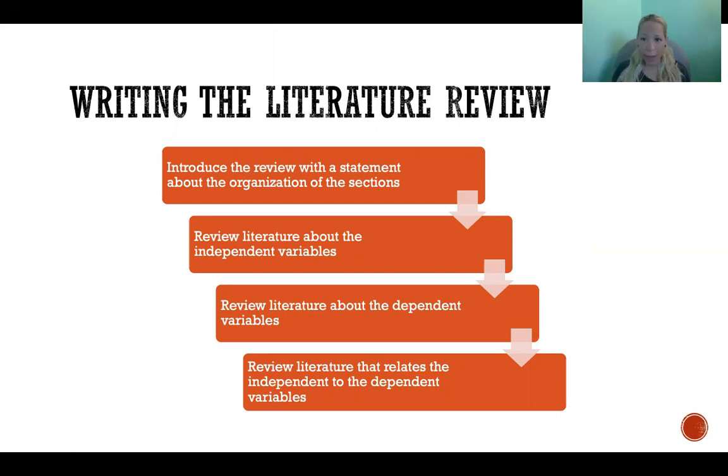And then there will be a whole body of literature showing where those two variables or sets of variables intersect. So you're going to want to combine that and write a summary and assimilation of the literature that connects those independent and dependent variables.